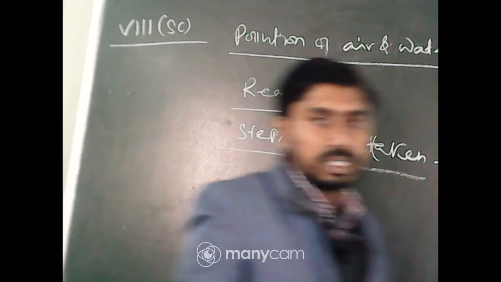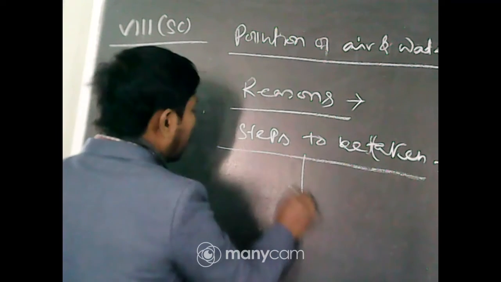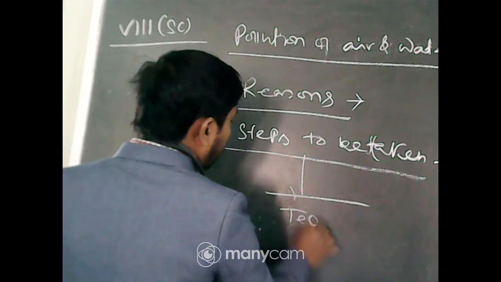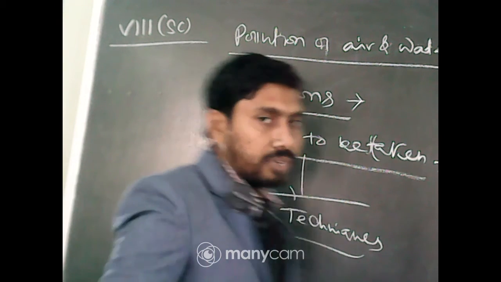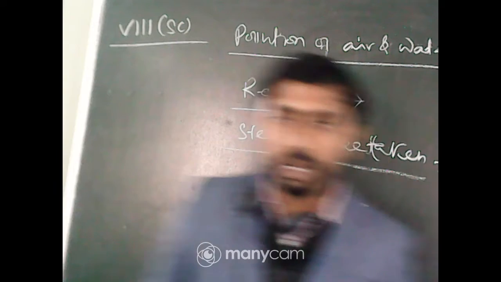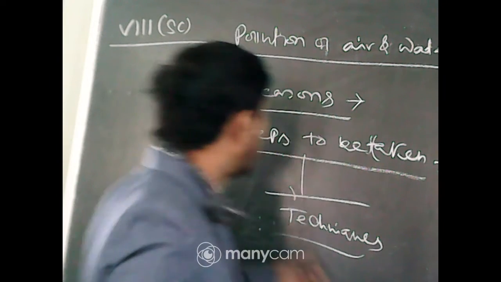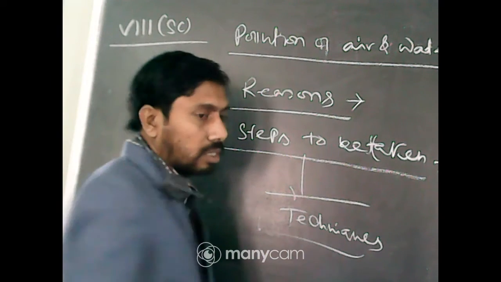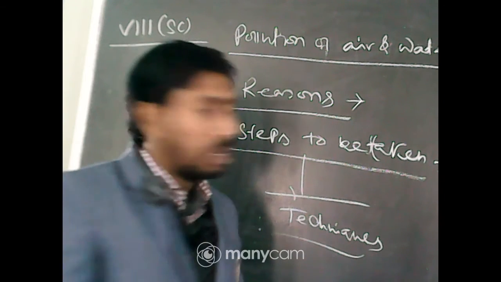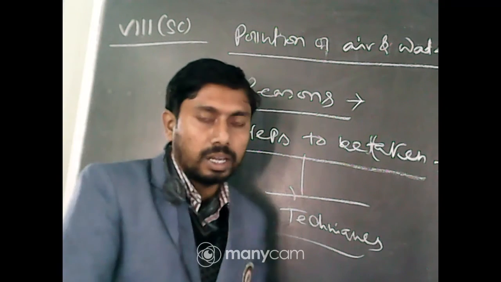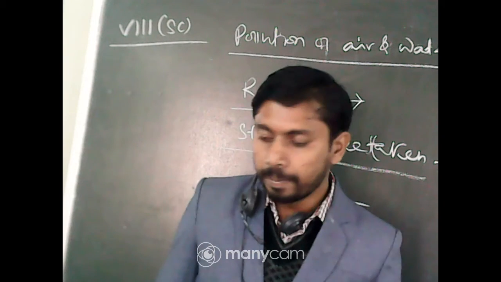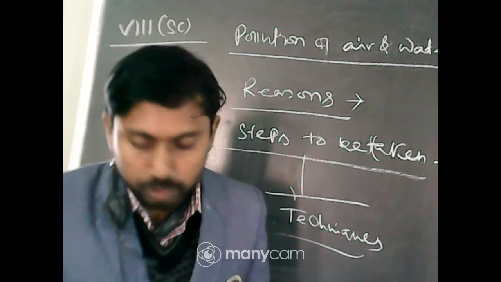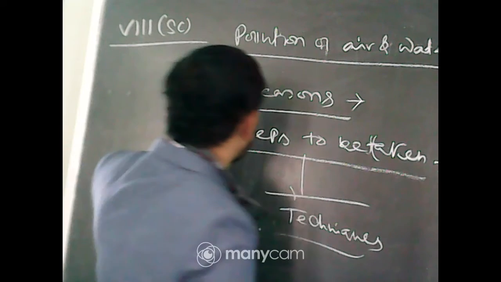These two are discussed, and under this head there are the techniques, that is the physical, biological, and chemical treatment, all are there under this head. Now, reasons, there were different reasons, and also the steps, there are a few steps, but the steps should be followed strictly.